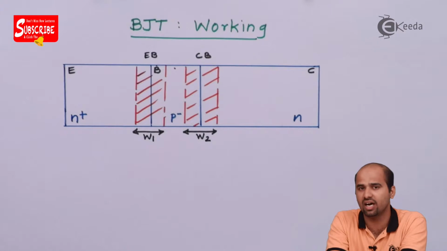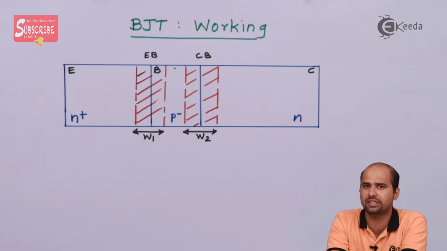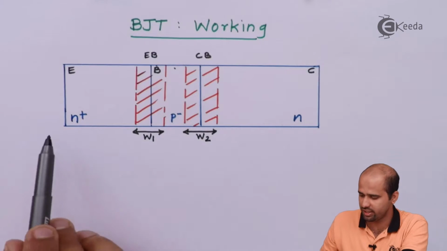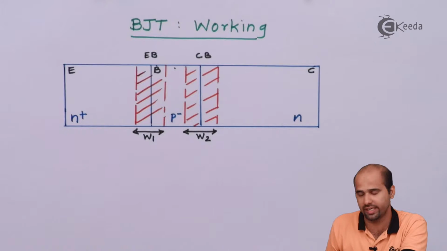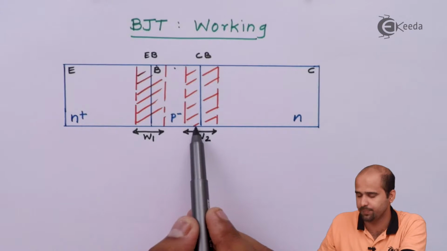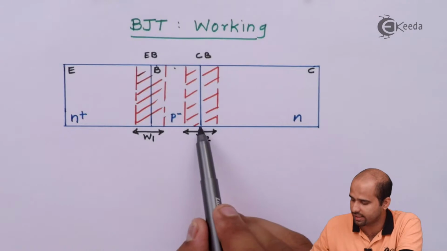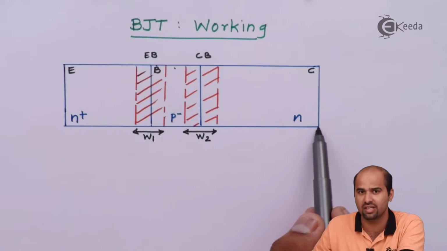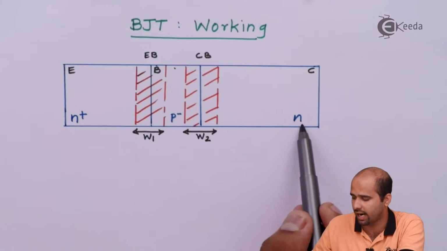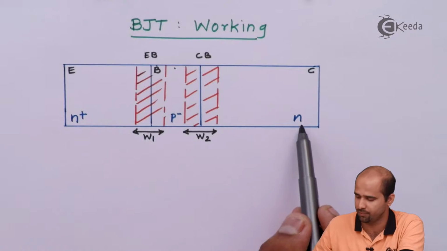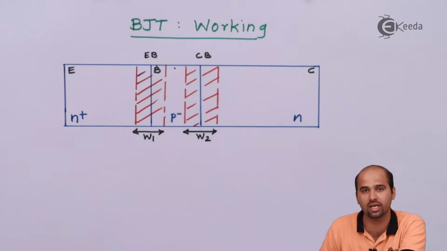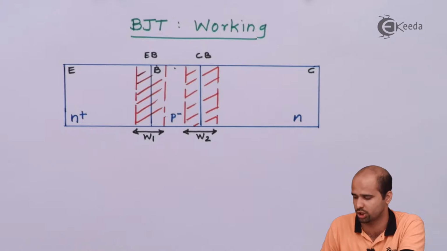Now, the area of the emitter, base and collector region: the emitter is heavily doped and of moderate area, the base has very little area and is lightly doped, and the collector has a very large area and is moderately doped. So this is the construction of the BJT.